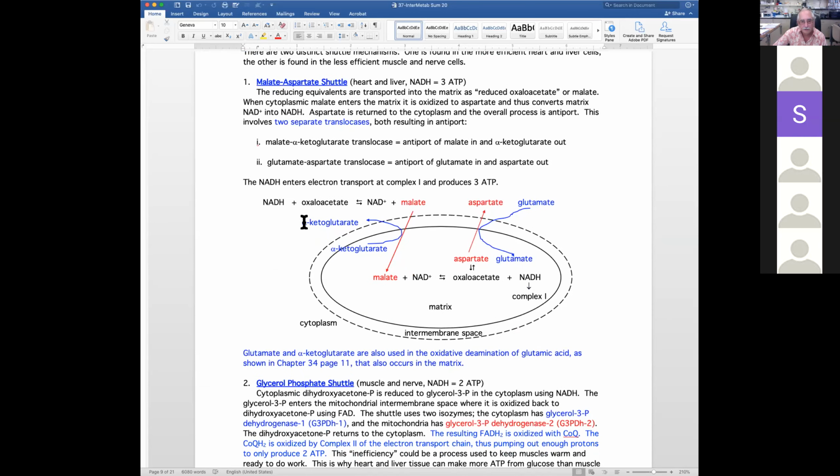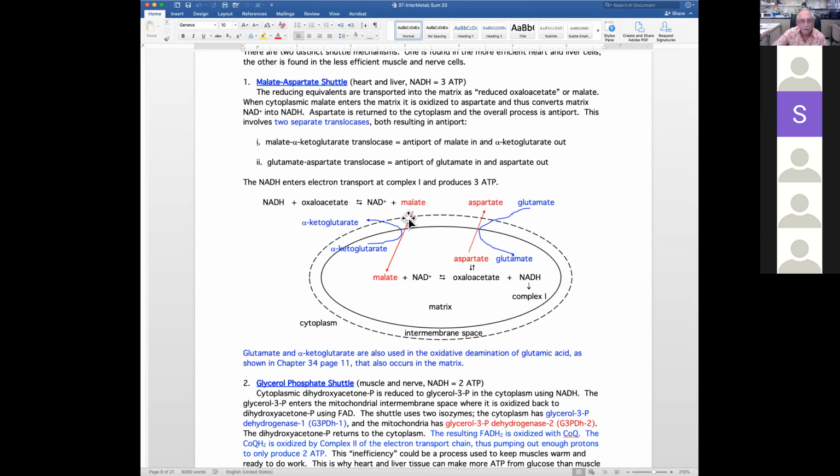So here's the matrix, excuse me, the cytoplasm out here. NADH produced from glycolysis combines with oxaloacetate. What are you doing? You're reducing oh, you see oxaloacetate again, don't you? And it's reduced into malic acid.